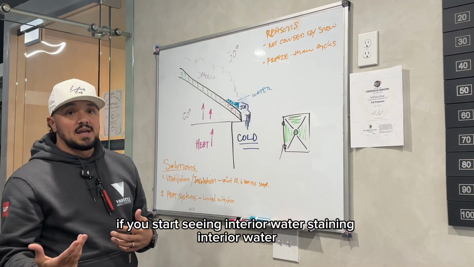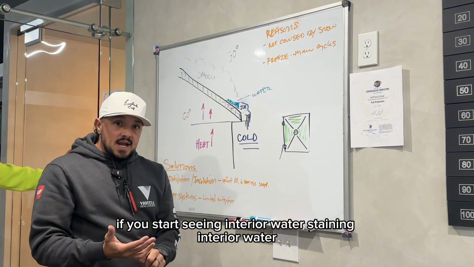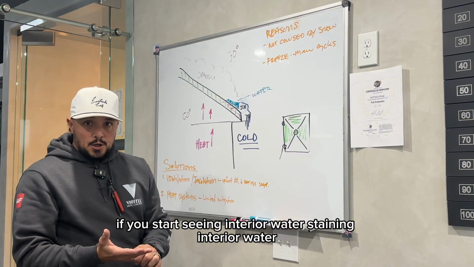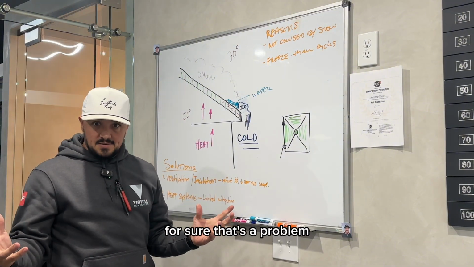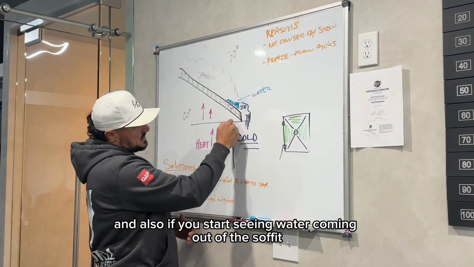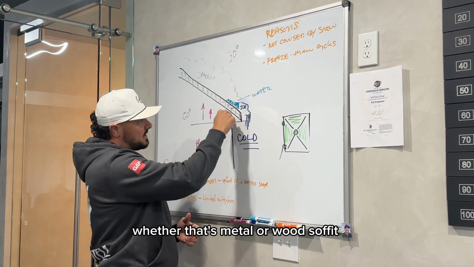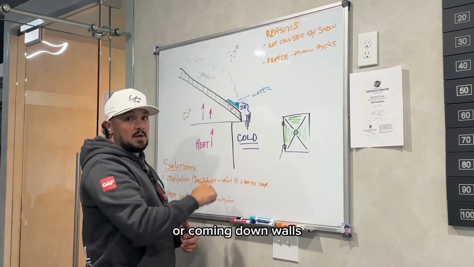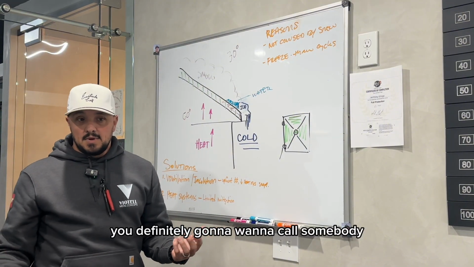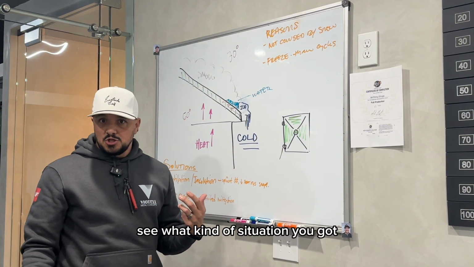If you start seeing interior water staining, interior water, for sure that's a problem. And also if you start seeing water coming out of the soffit, whether that's metal or wood soffit, or coming down walls, you're definitely going to want to call somebody, see what kind of situation you've got.